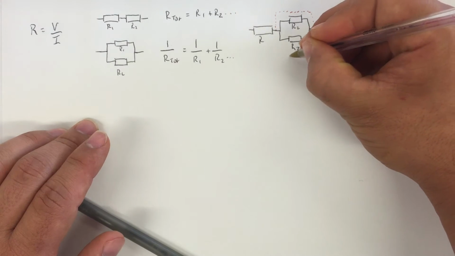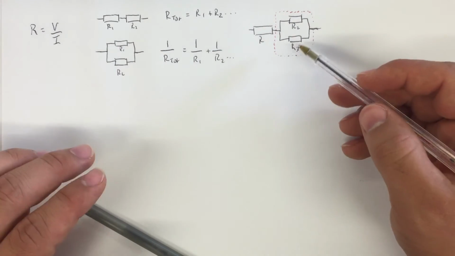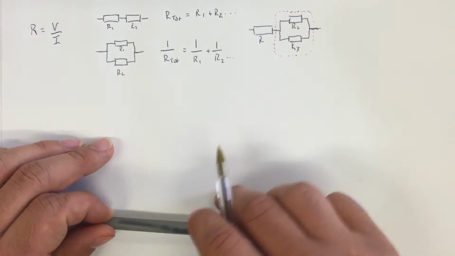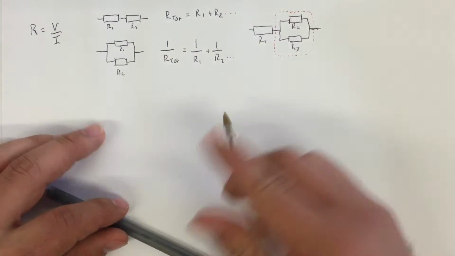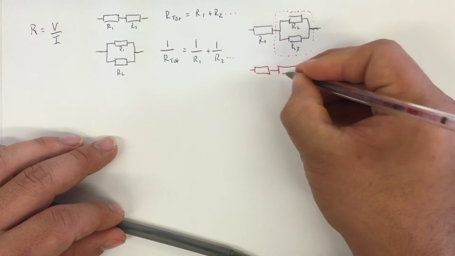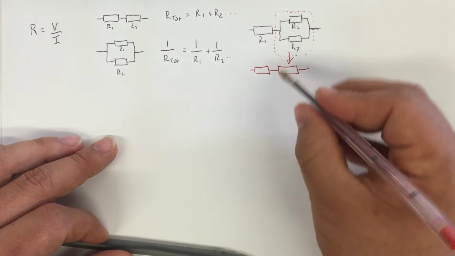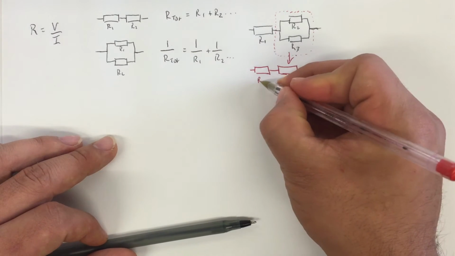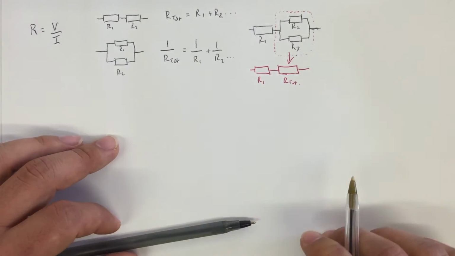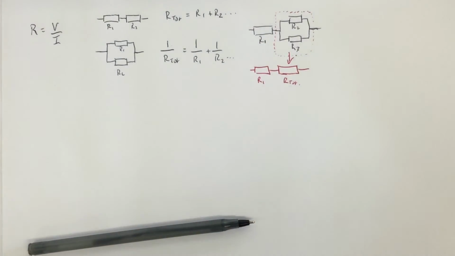So I do 1 over R2 plus 1 over R3, do 1 over the answer to give me the total resistance, that bit, and then treat this as a single resistor, and then I can just add it directly to R1. So if you've got a series and a parallel bit, that's how you deal with it.